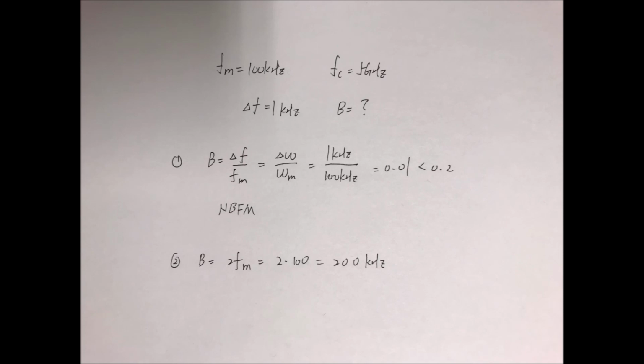Step 1: always check your beta. Is it narrowband or wideband? We only talk about narrowband now and later talk about wideband, so always check whether it is narrowband or wideband. So we have 1K over 100K.